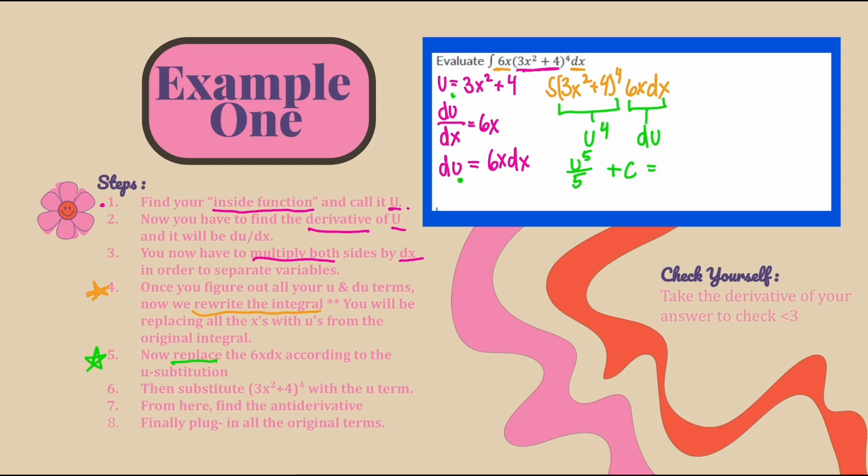We are down to the last step, and that is pretty much plugging everything back in so that we can have our answer. So pretty much it's going to be (3x squared plus 4) to the 5th over 5 plus c. You never ever forget the plus c.